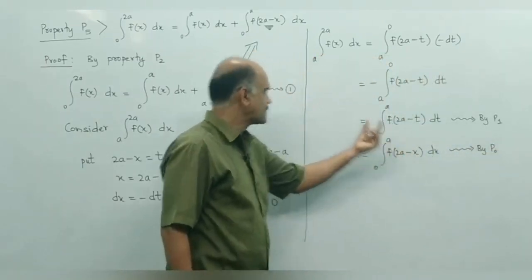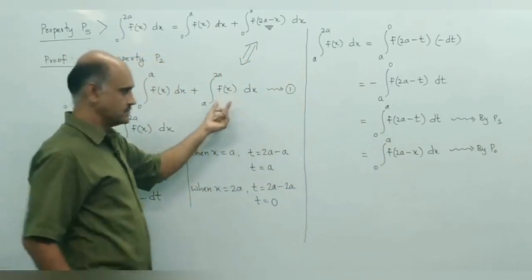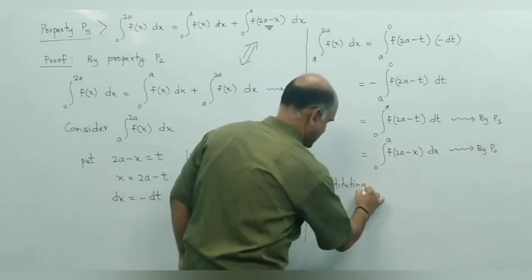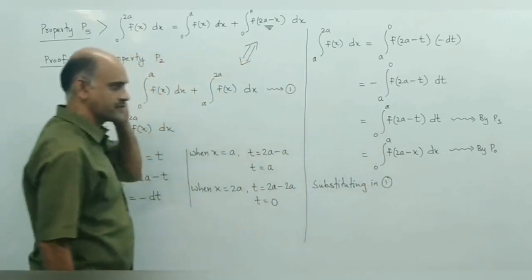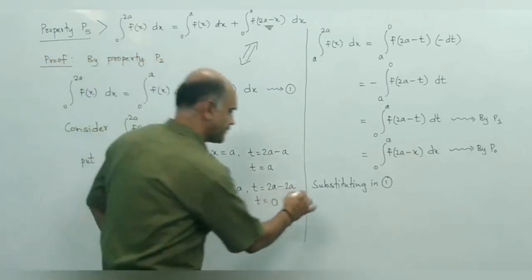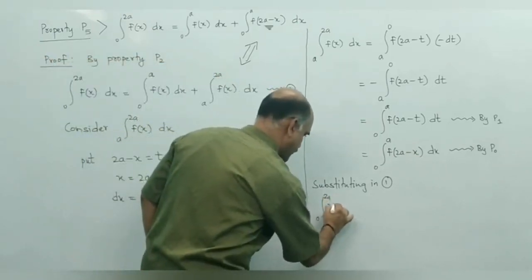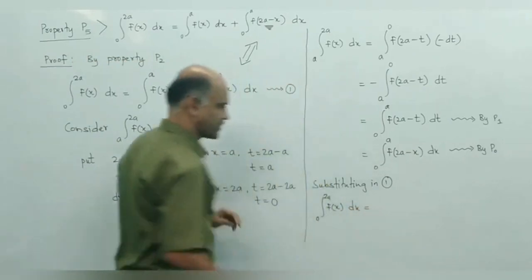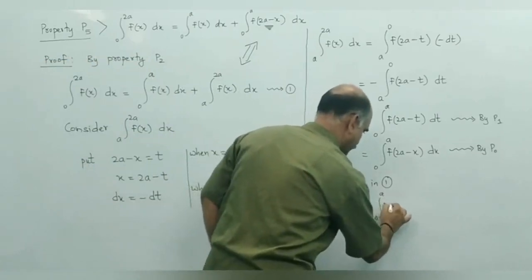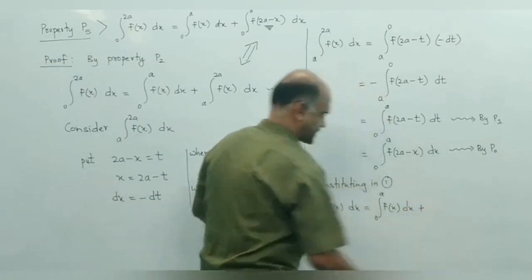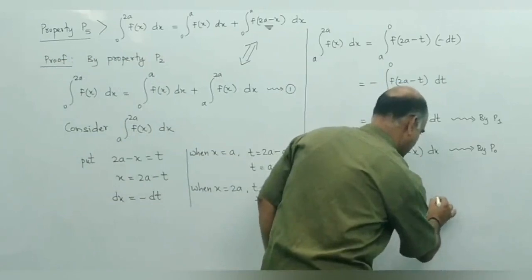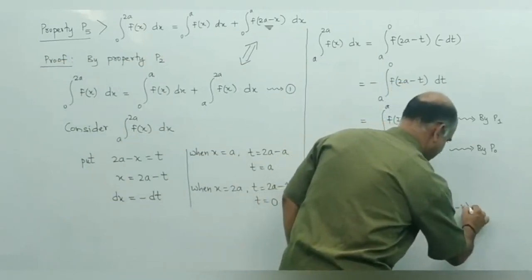Now substitute this value in equation 1, you will have the answer. So substituting in equation 1, that is 0 to 2a f of x dx is equal to 0 to a f of x dx plus, in place of this, you are having this one, 0 to a f of 2a minus x dx.